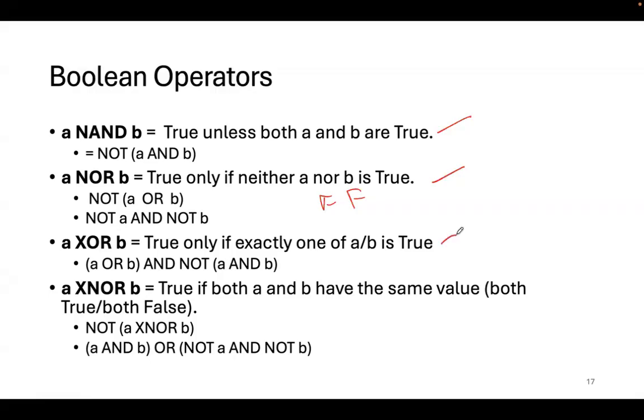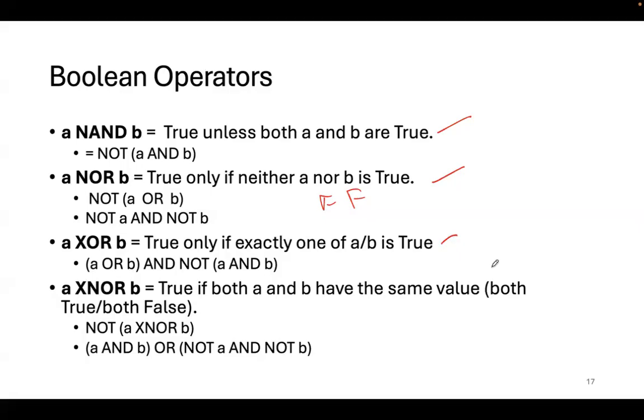XOR is a common one because if you go to a party and you ask, do you want cake or ice cream? The person will generally respond, oh yeah, I want cake, or no, I want ice cream. But in terms of Boolean logic, saying yes, I would like both cake and ice cream is an acceptable response, and that's fine under or.